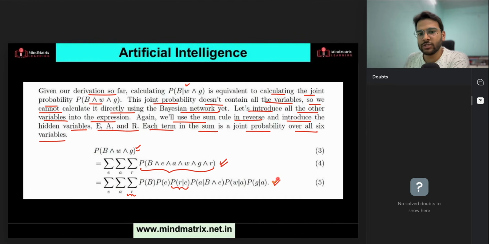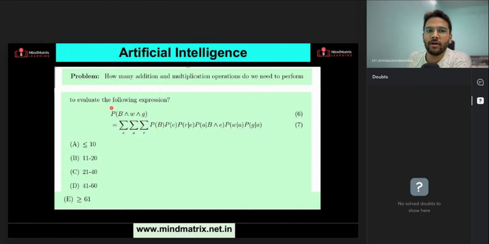Before proceeding, now you will understand why we are actually using it and what is the benefit of using this variable elimination algorithm. So far we have this thing, and we haven't used this algorithm yet. We are not eliminating so far. If just this expression is given to us, this type of question can also be asked to you in the GATE exam: how many addition and multiplication operations do we need to perform to evaluate the following expression?